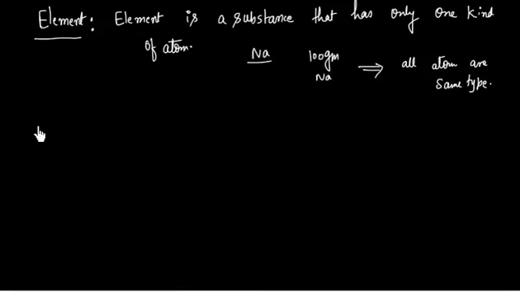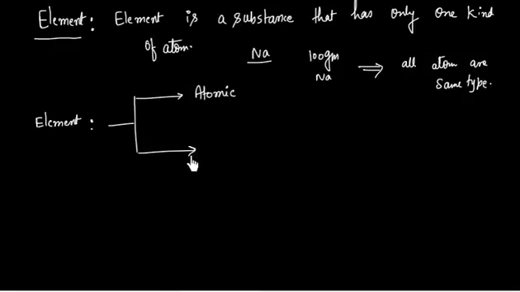Now an element can exist in two forms. It can exist in atomic form or it may exist in molecular form.